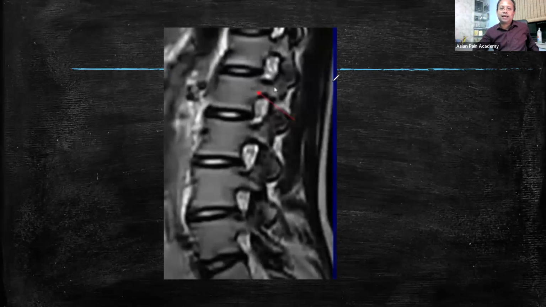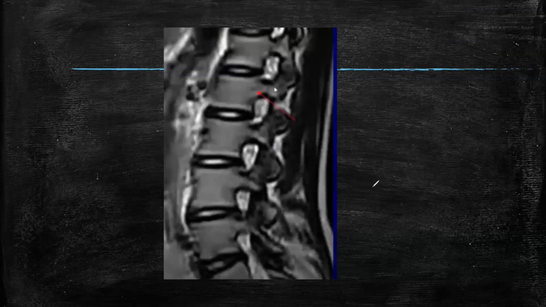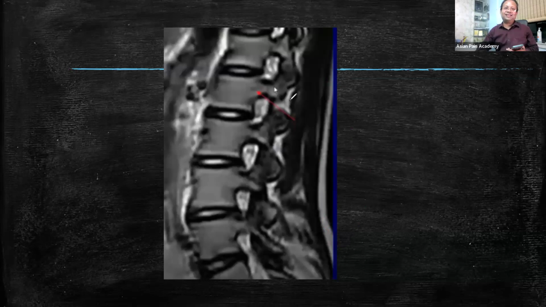Say you are not seeing this area. Okay, this is fat area, but you are not seeing. So tell me which other areas can tell you that this is T1 or T2? T1. CSF is black. Think again. CSF is black. Where do you see the CSF?